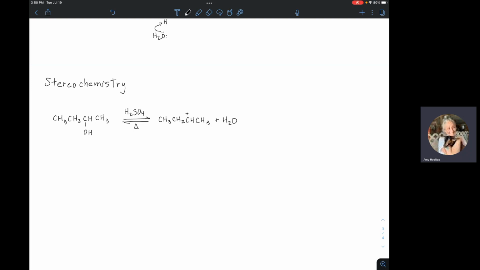And then we're going to deprotonate one of the beta carbons. And what you're going to get is two stereoisomers. So you'll get this one, and then you'll get one where you've got both methyl groups on the same side of the double bond.